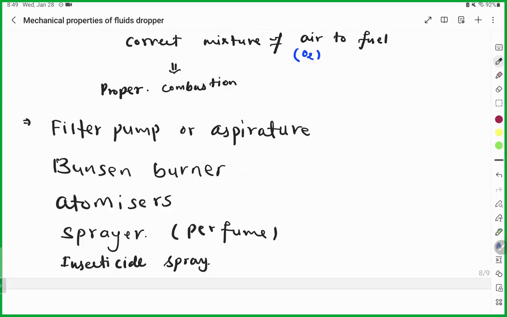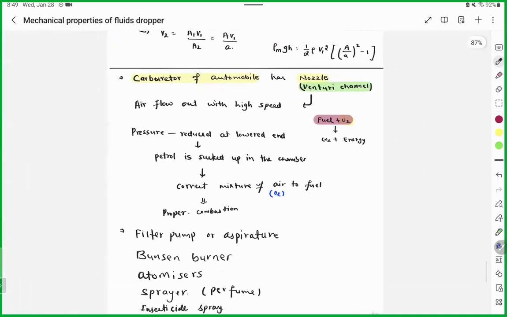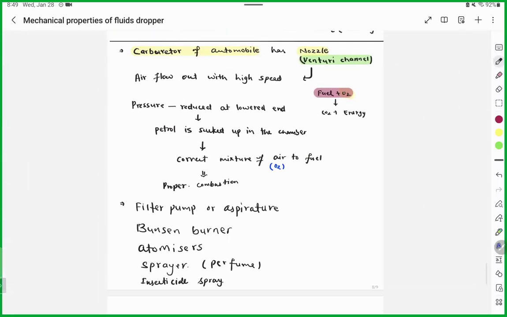You press it and it will come up. Exactly, this is the application of Venturi meter and Bernoulli. Understood, guys? Looks easy now. You can finish your portion because there is a very high chance they will ask a theoretical question from here, and they already asked a theoretical question in NEET.